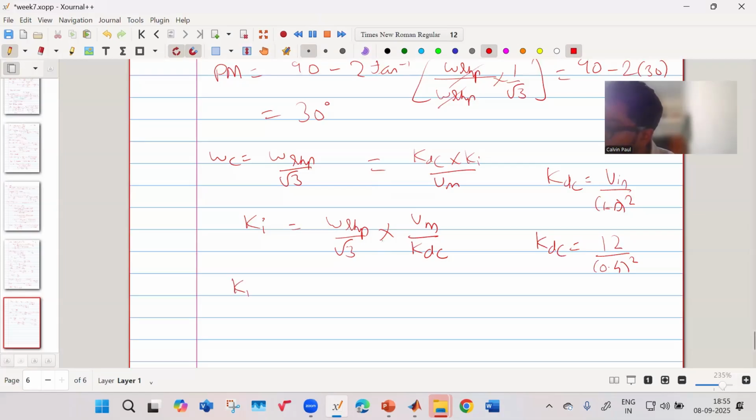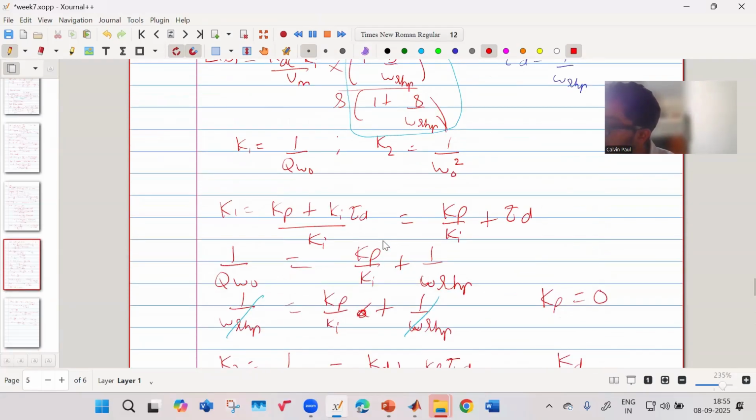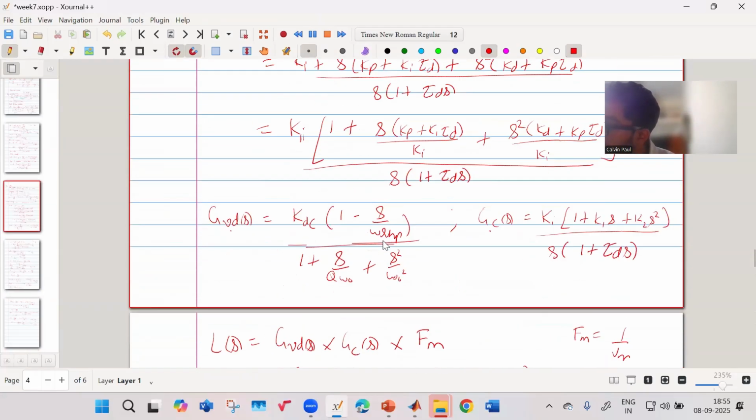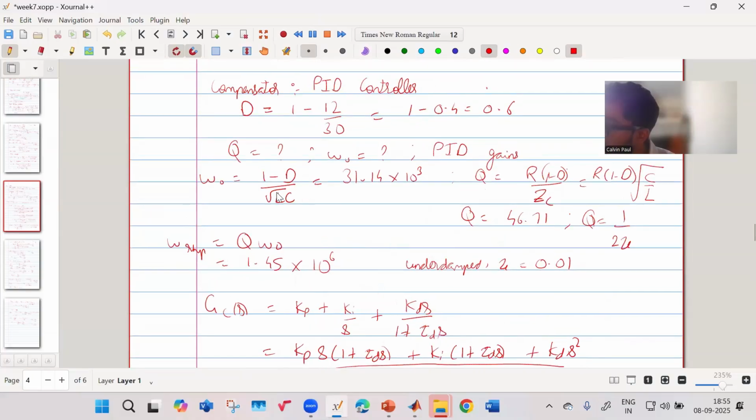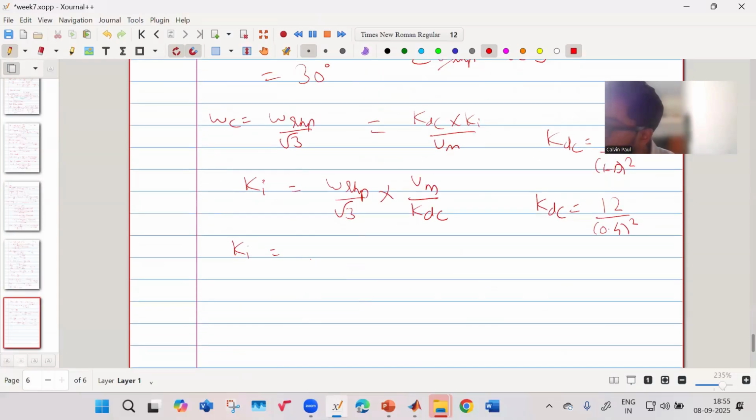So now we have to find Ki. So Ki, omega RHP, what is omega RHP? Omega RHP is 1.45 into 10 to the power 6. So you have 1.45 into 10 to the power 6 into Vm is 2, divided by root 3 into 12 upon 0.4 square. So what is the value of this?